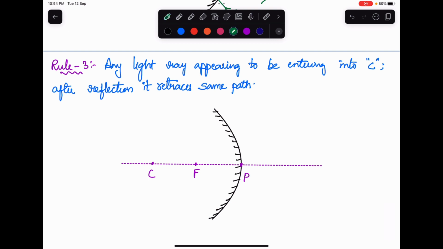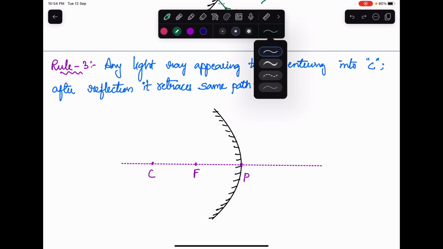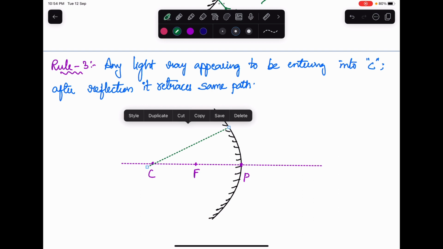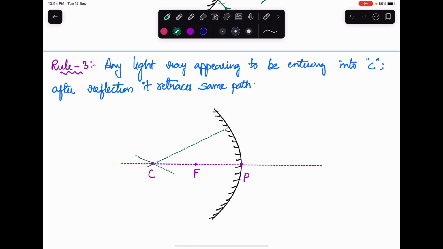See here, any light ray appearing to be entering into center of curvature. Say this is some ray appearing to be entering into center of curvature, and over here also, appearing means you will be having a dotted line. So it is coming in this way.